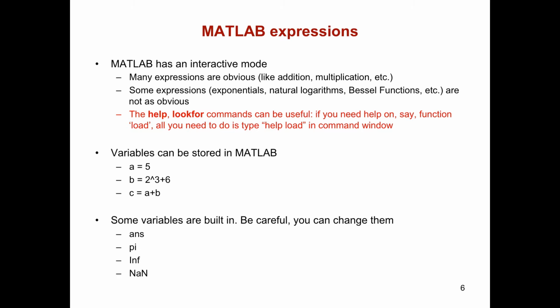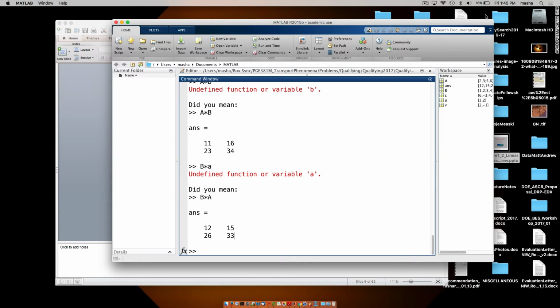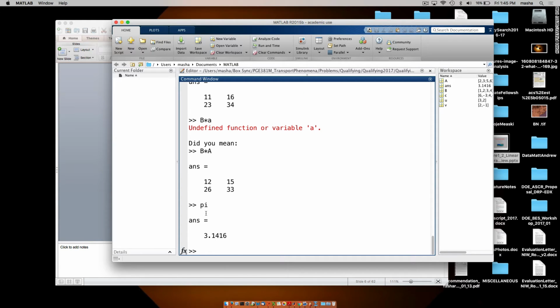NaN is not a number. Let's create NaN. So 1 is here. Answer, it already exists in memory, so it was whatever my last operation was. There is that pi is pi, okay? But you could do, not a number. If I divide it by a 0, that's not defined in mathematics.